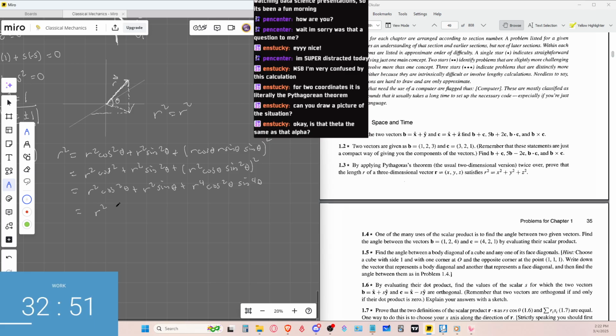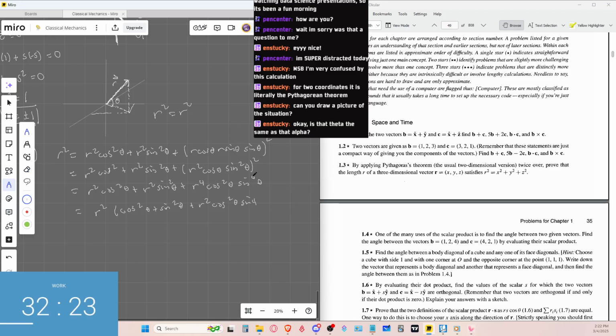If I remove this, forgot that part. Oops.